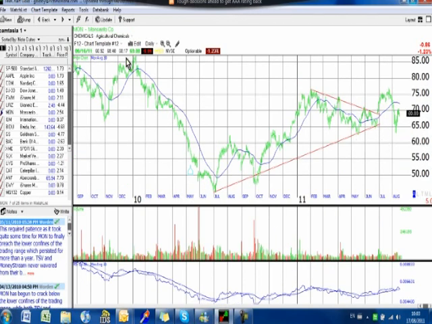This is Monsanto. It's an agricultural company, fertilizer company. Again, we've been in this range here. We broke out to the upside. We had a new higher bottom, a new higher top, looking so positive. And then again, we had the sell-off here. You know, we're now above this support level here.